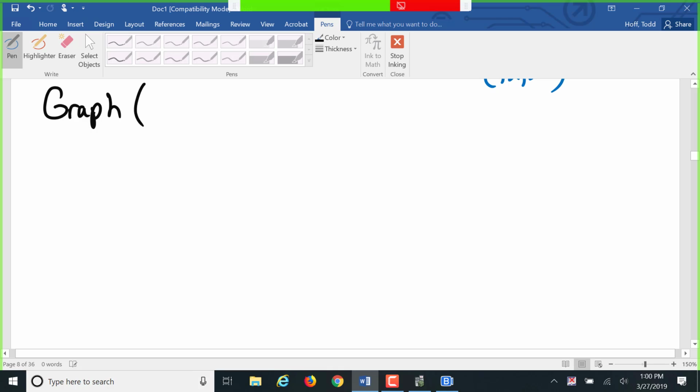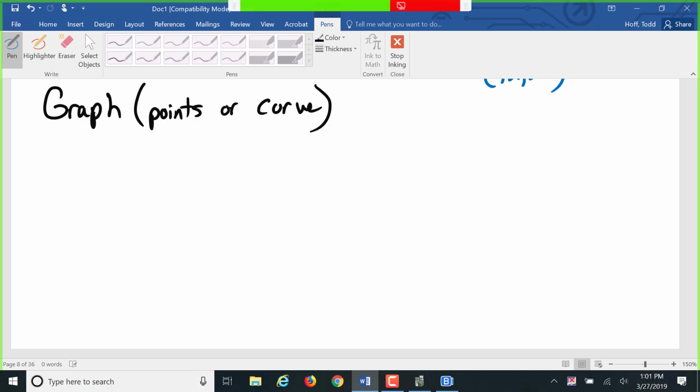Fourth way is I can express them on a graph. It can either be as points or a curve. Now, when I say the word curve, I don't necessarily mean it has to be curvy. A line is a curve. It's a straight curve, is all it is.